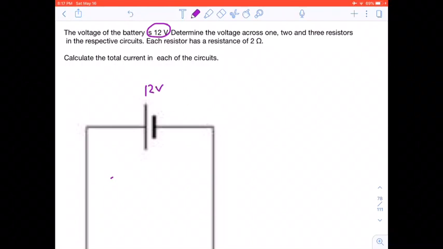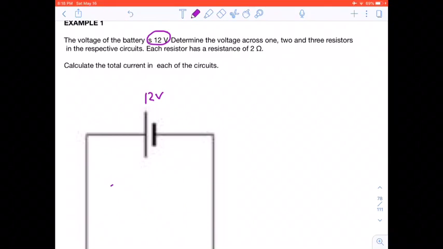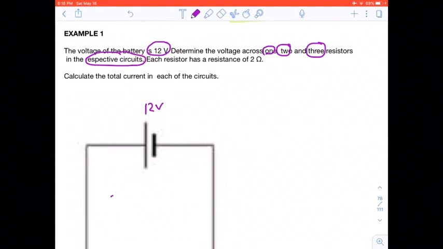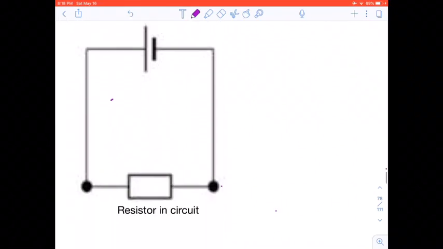It says determine the voltage across 1, 2, and 3 resistors, and I'll show you this successively, in their respective circuits. Each resistor has a resistance of 2 ohms. So here you've got this particular resistor with a resistance of 2 ohms.